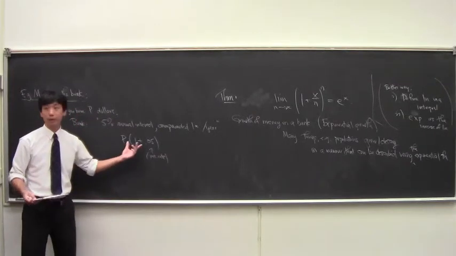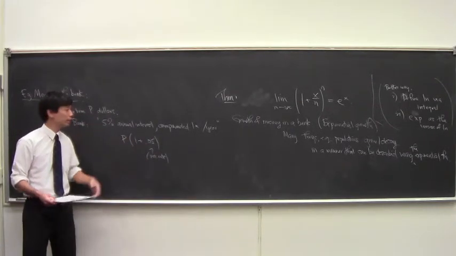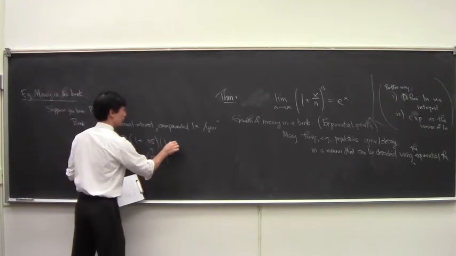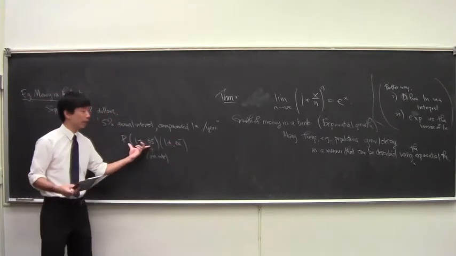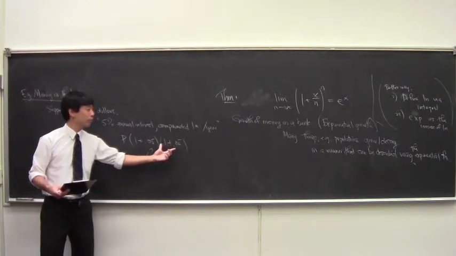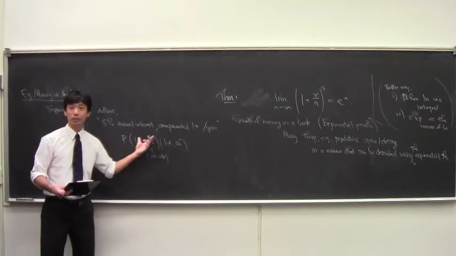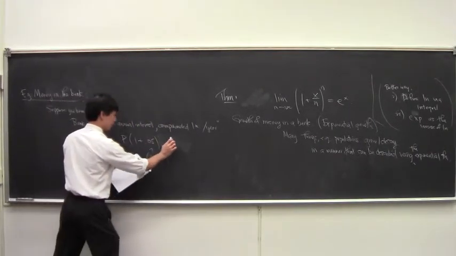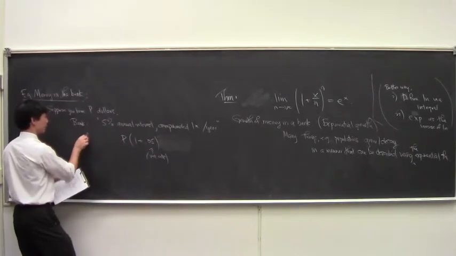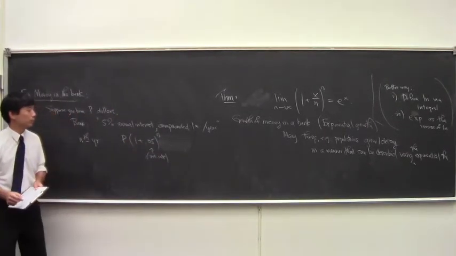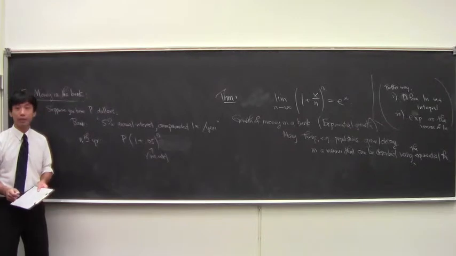After 1 year, that's what it does, and then after 2 years it does it again, taking whatever money you had and multiplying it again by 1.05. After 3 years it does it again, et cetera. So at the nth year, the money you have is just P times (1 plus 0.05) to the n.